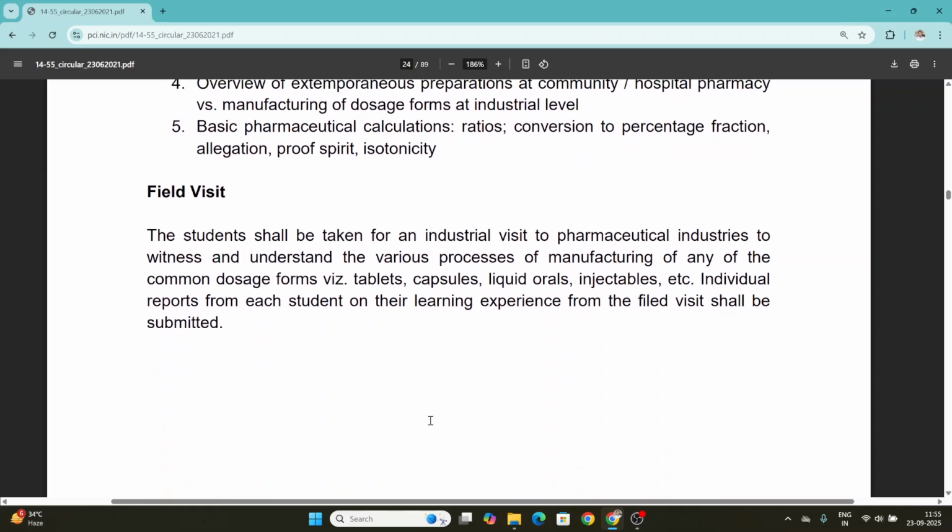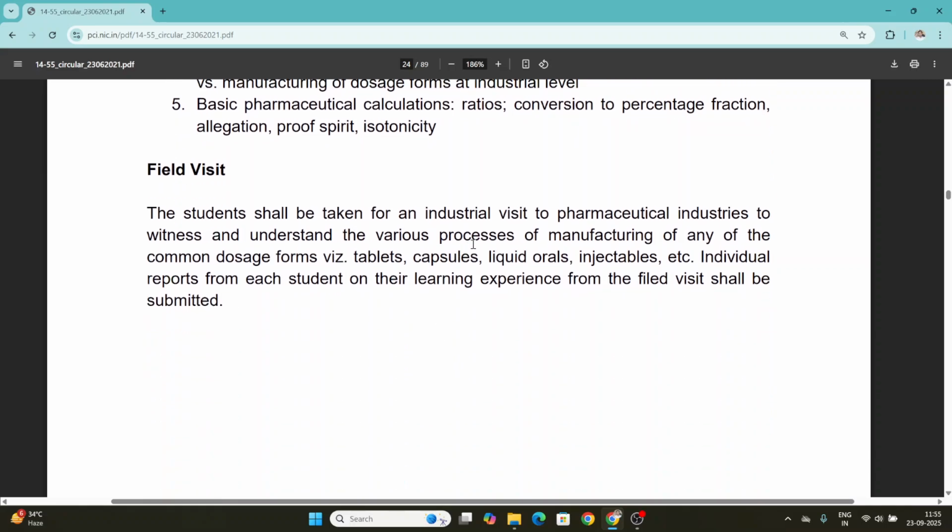Also field visit. The student shall be taken for an industrial visit to pharmaceutical industries to witness and understand the various processes of manufacturing of any of the common dosage forms, which are tablet, capsule, liquid oral, injectables, etc. Individual reports from each student on their learning experiences from the field visit shall be submitted.